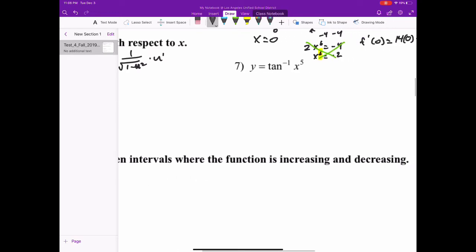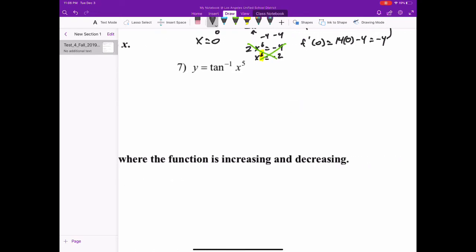It's straight identities. Our tan inverse identity, d over dx of tangent inverse of u is equal to 1 over, remember this was a positive version, 1 plus u squared and then u prime because of the chain rule. Let's go ahead and take the derivative of this. Y prime is good. We just copy that identity.